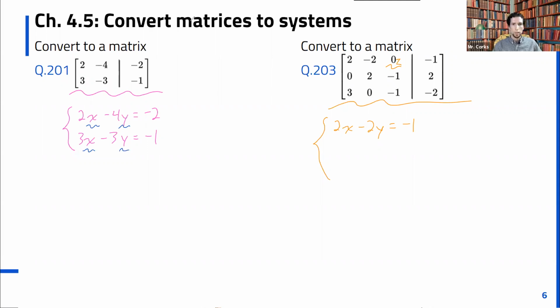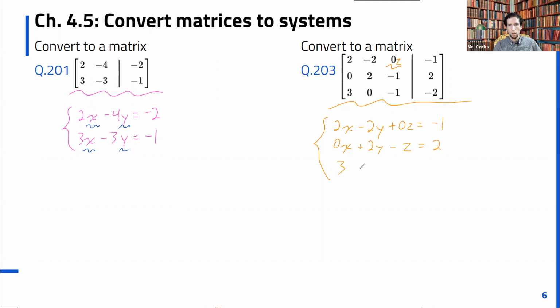So we could write that if we really want. Plus 0z equals -1. We normally don't do that because it's very unnecessary. I'll do that for these ones just to make it very, very clear how the matrix is connected to the system of equations. So for the next one, it's 0x plus 2y minus z equals 2.